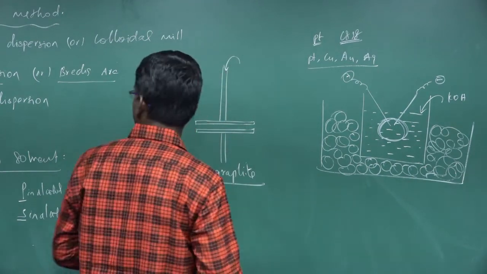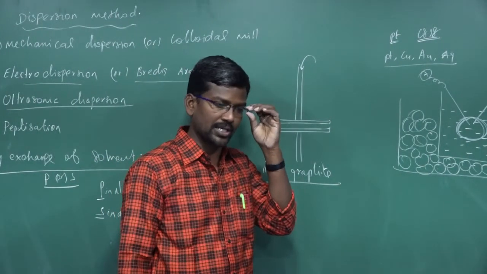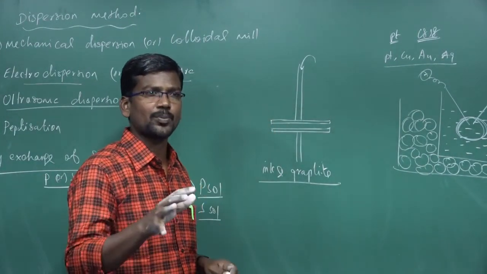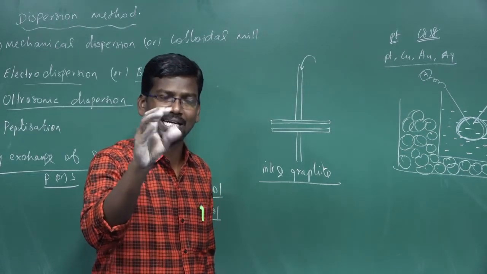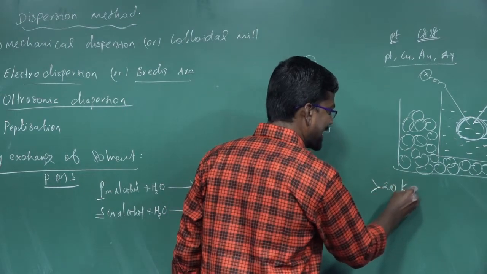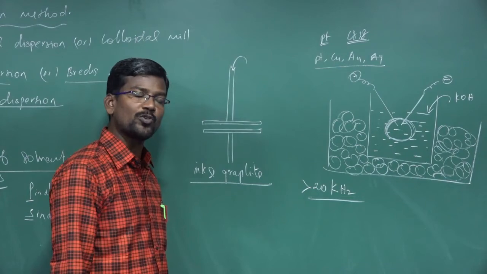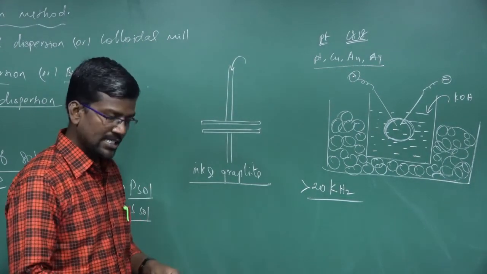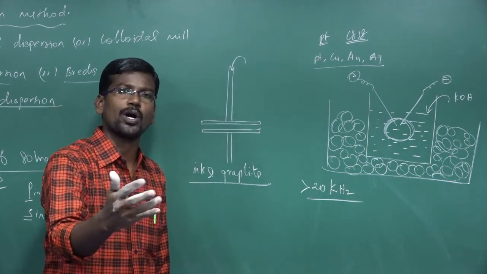Next one, ultrasonic dispersion. Ultrasonic waves are sound waves with high frequency, more than 20 kilohertz. When sound waves of more than 20 kilohertz pass through a solid substance, it breaks down to form a colloidal solution.